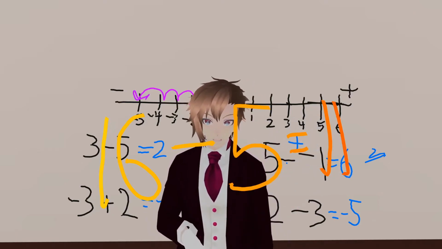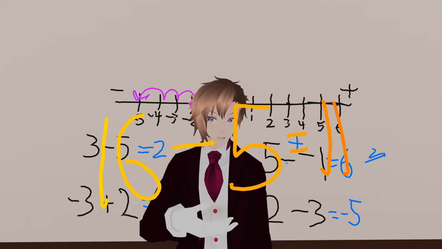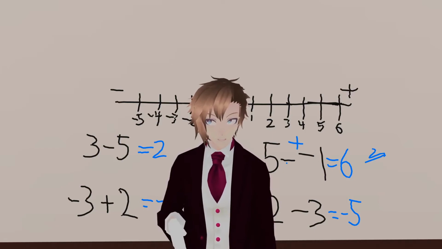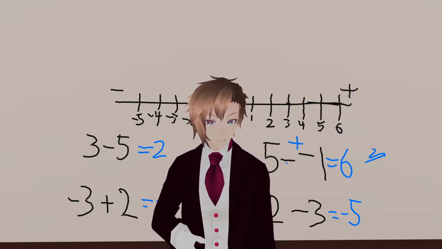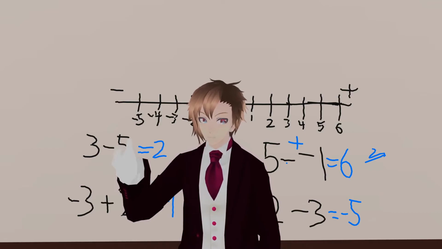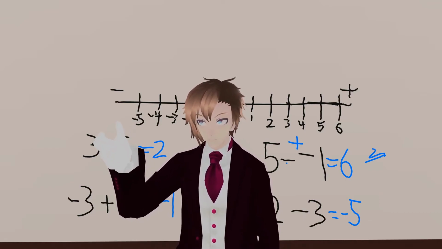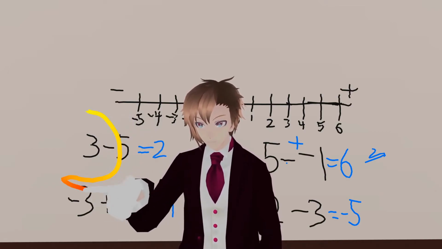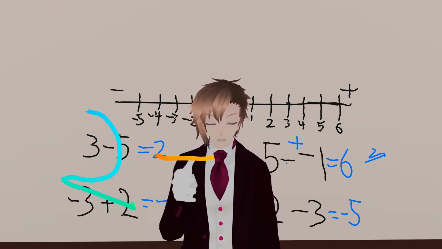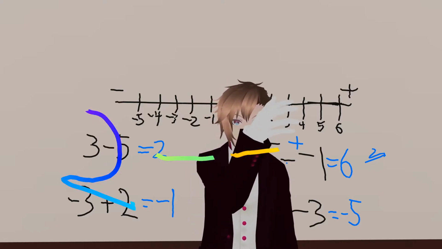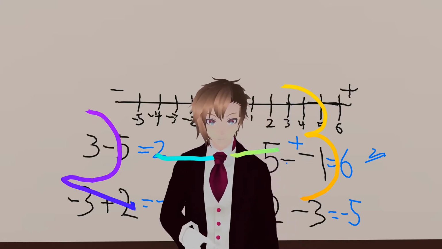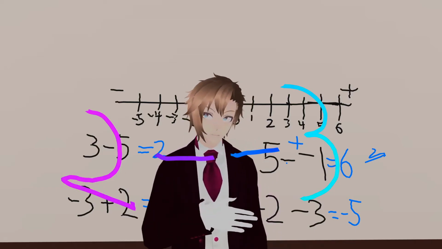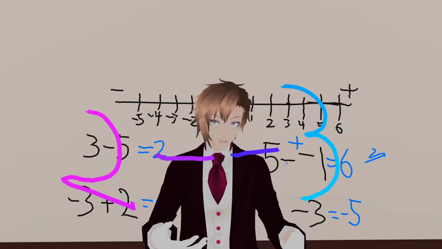Now, even if you have a negative number, that's fine, because it's still going to work. If we have, what is the difference between 2 and negative 3? So we write the big number. The bigger number is 2, and we're going to take away negative 3. So take away negative 3, well, as we've just shown on the board, is the same as adding.